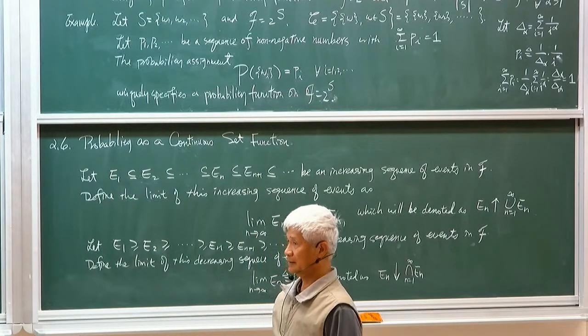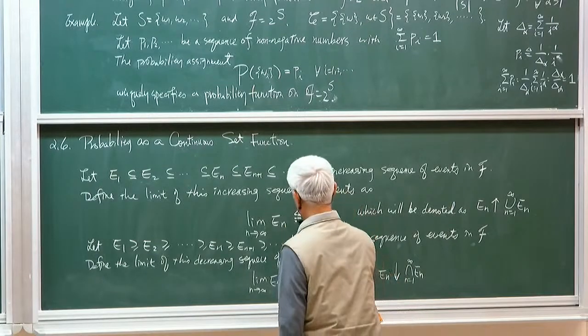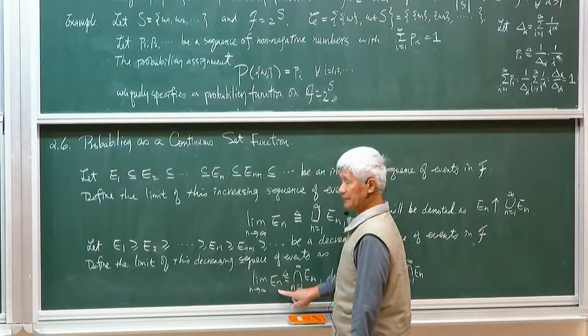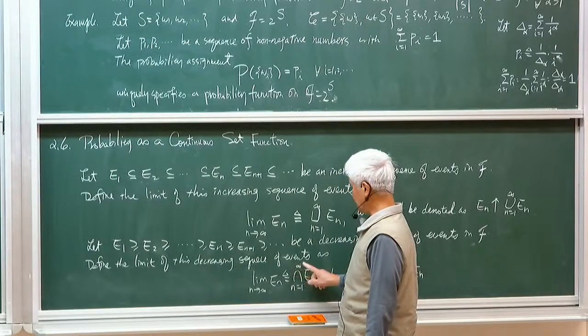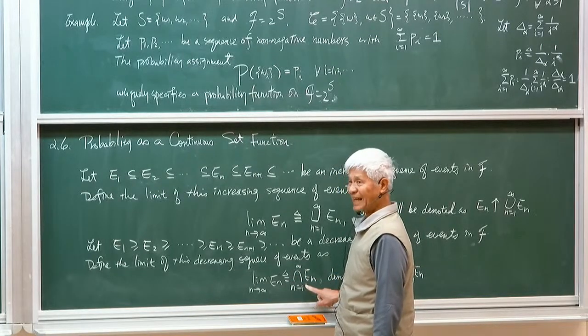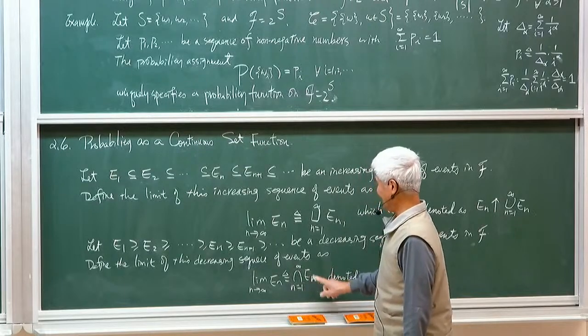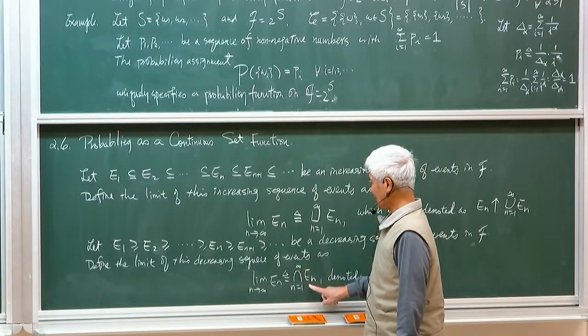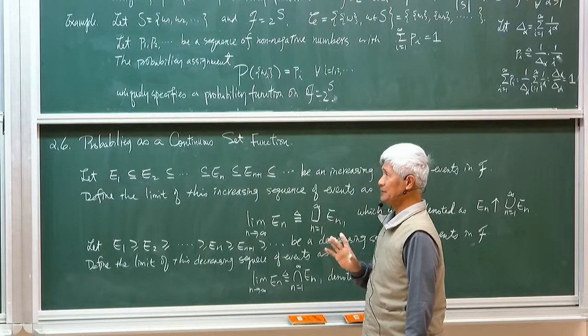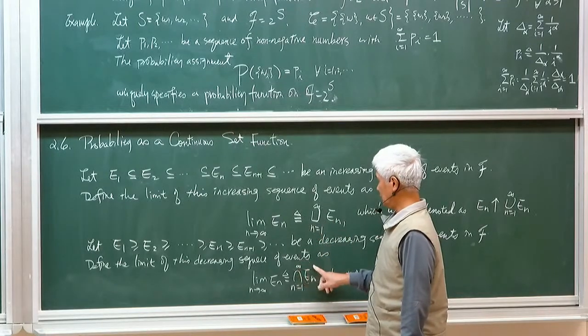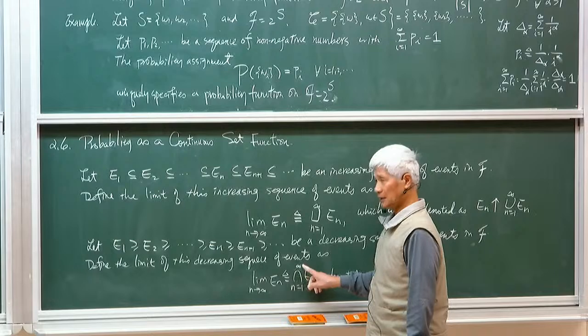By our definition the limit is the intersection, so it could be a null event or not a null event. It depends. In some situations we want to know the probability of this event.